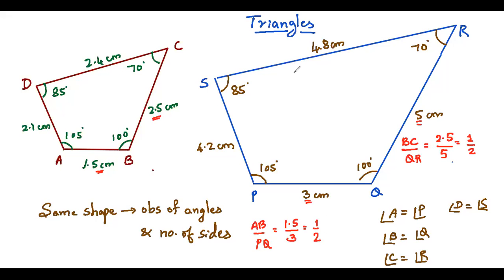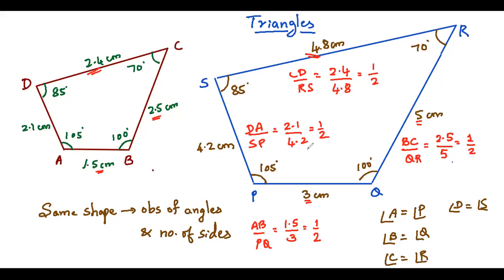Now let us go for CD divided by RS. So CD divided by RS is 2.4 divided by 4.8. Again, we observe that from the diagrams and we have taken the value. So 1 times 2.4 is 2.4, 2 times is 4.8. So 1 divided by 2. And the last ratio, DA divided by SP, is nothing but 2.1 divided by 4.2, that is also 1 by 2.